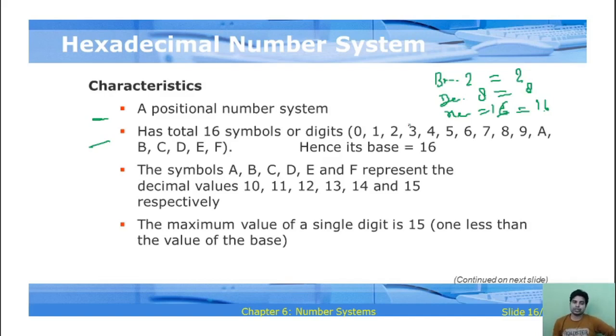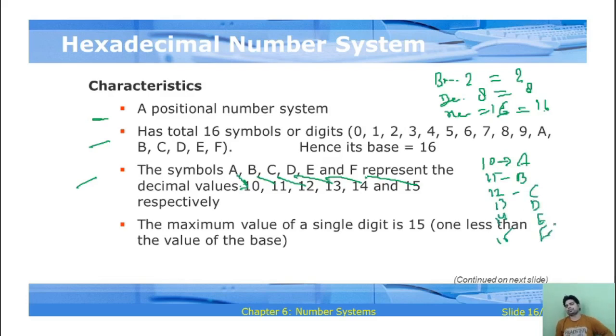But the important thing is this: the symbols A, B, C, D, E and F represent the decimal values 10 for A, 11 for B, 12 for C, 13 for D, 14 for E, and 15 for F. So if there is the value of 10, then you can simply write A. If you find the value of 11, then represent it as B, and in a similar way 12, 13, 14 and 15 are C, D, E and F. Clear?